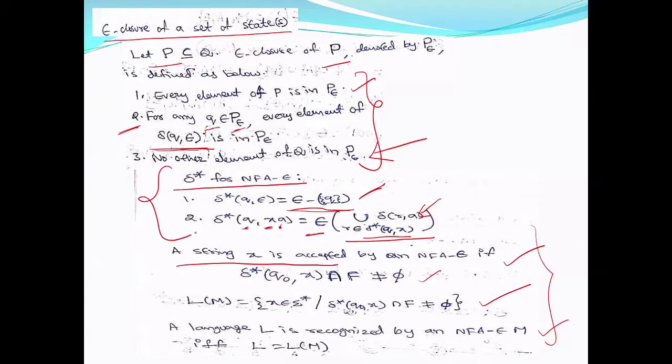The only thing is, before reading an input symbol, you take an epsilon closure, then apply your transition, and then apply the epsilon closure. So before reading the symbol, you take the epsilon closure, then take your symbol, apply the transition, and then take the epsilon closure. Then you will get the exact states which it can reach on a. That is what is called a transition on a.